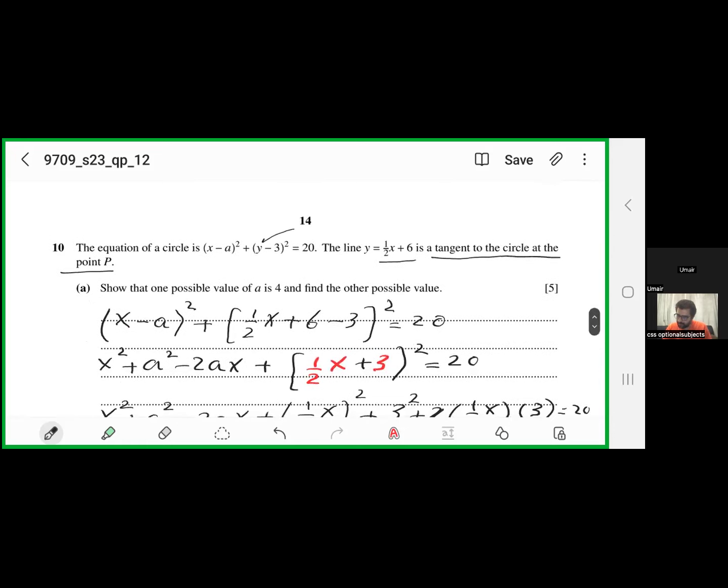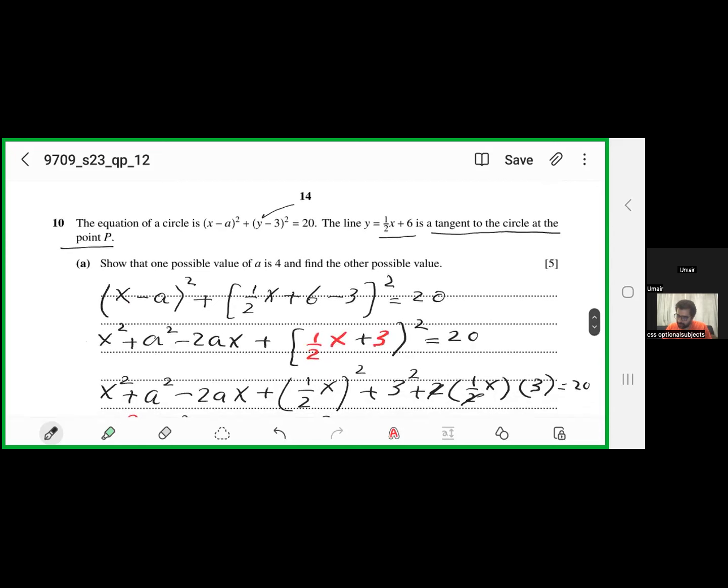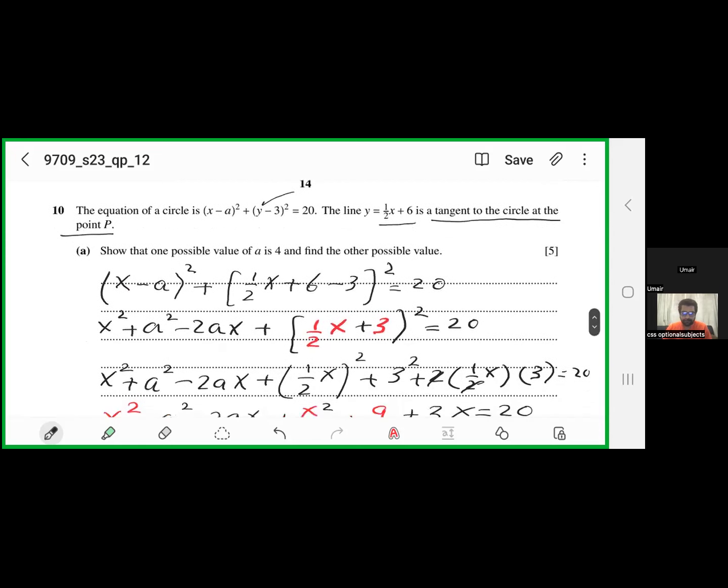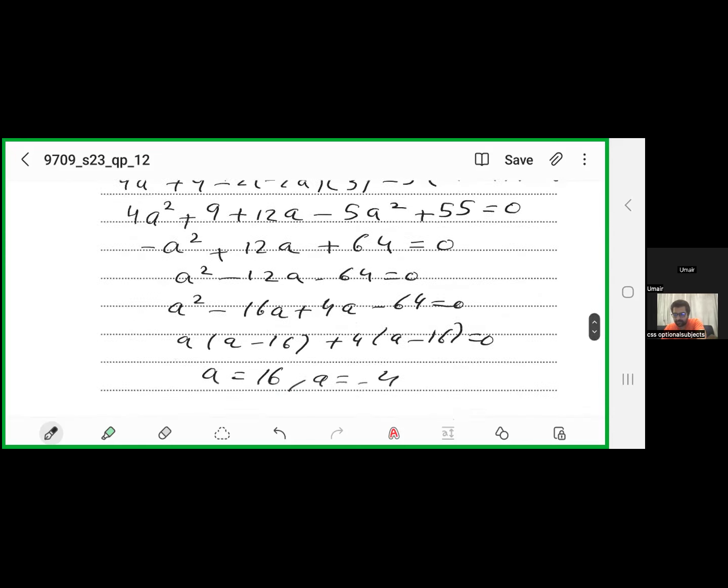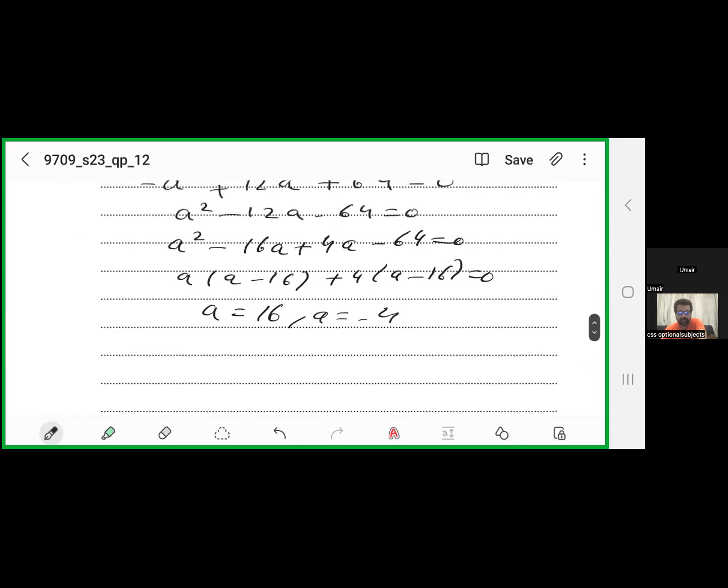If the tangent is at point P, we can find the coordinates of P, and we have to find the center of the circle as well.